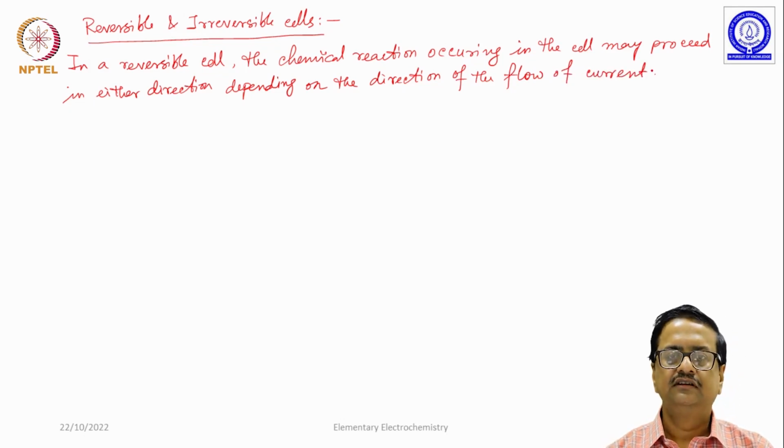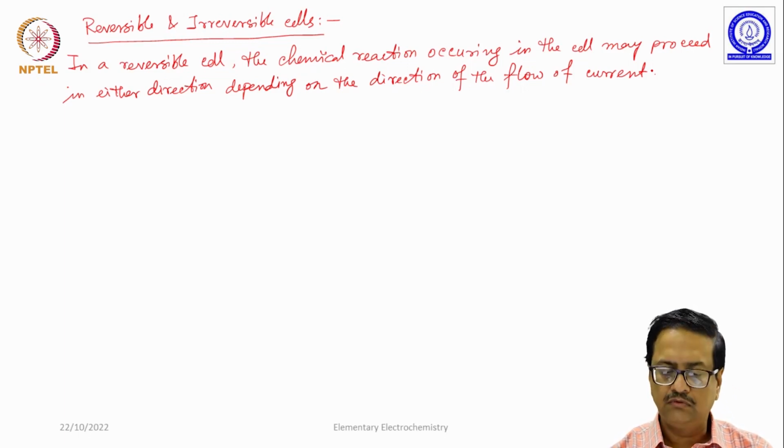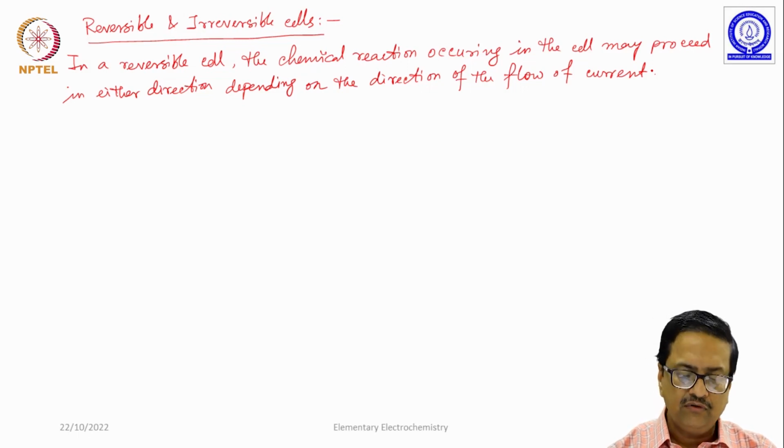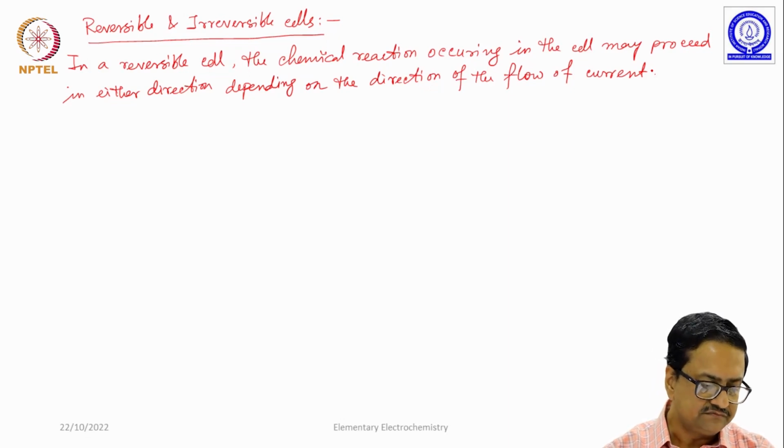That means when you just connect the two electrodes from outside, then there is a particular direction in which the current flows. But on the other hand, if you connect a battery to a circuit where the current is made to flow in the other direction, the opposite reaction happens.